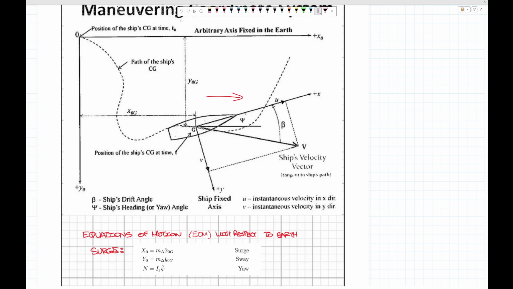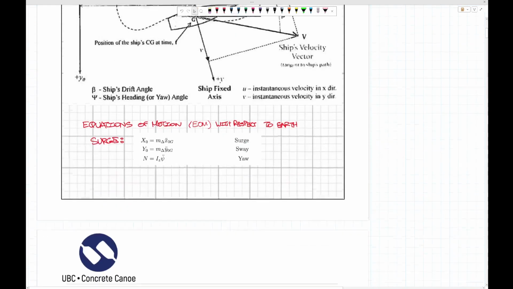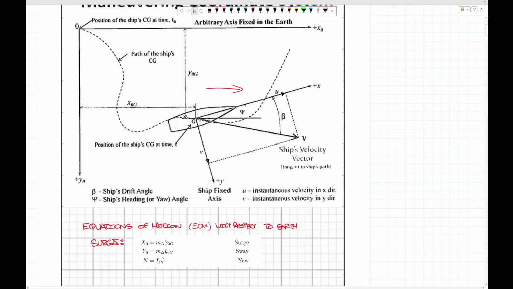Psi is your yaw angle, and the double dot is your angular acceleration, basically how fast you're turning or rotating about this axis.